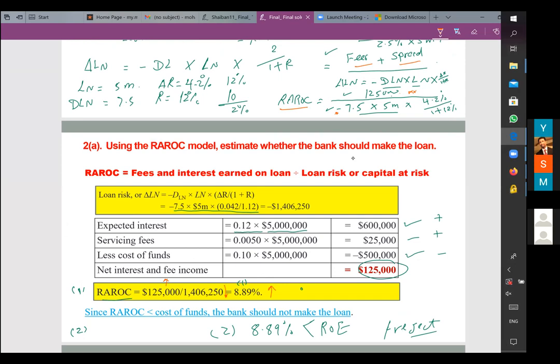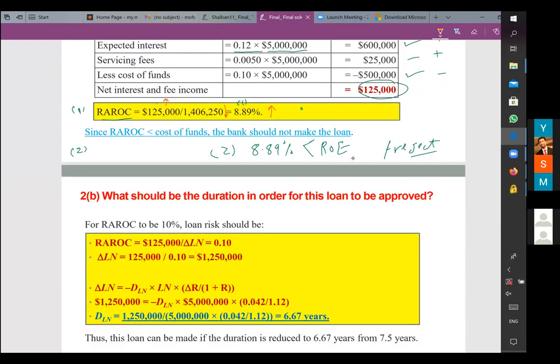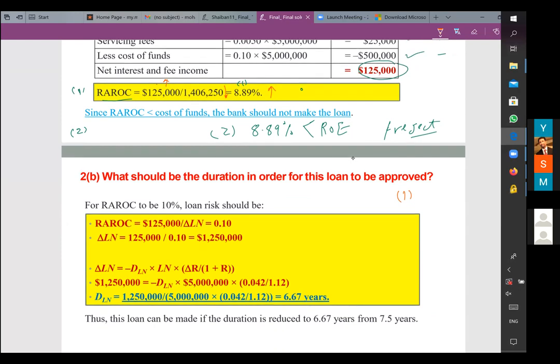So what does increasing this amount mean? Increasing the income, which means there is room to negotiate with the customer, to tell him to increase the income. The question is how much? If we decide to go to step 1 and discuss the increase of the fees in order not to reject this loan, we can tell them how much you should increase, and I can solve it from this formula.